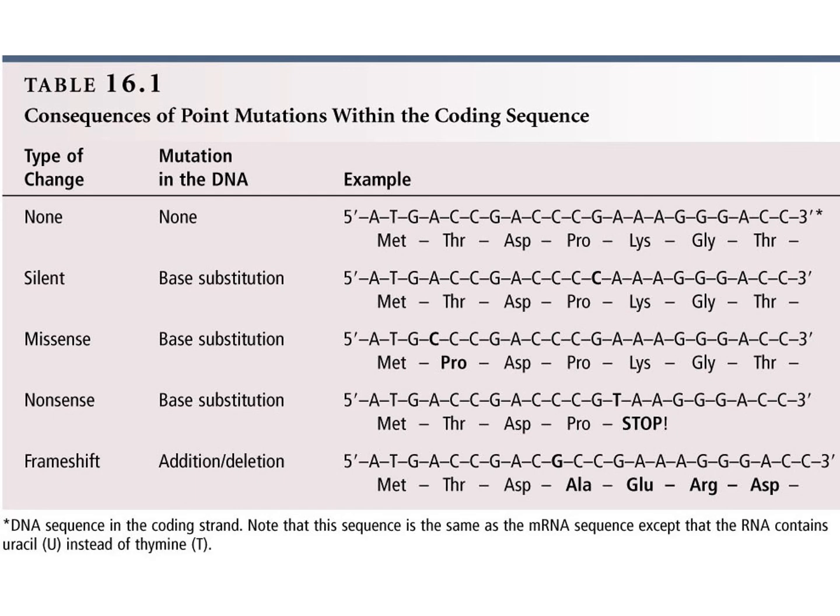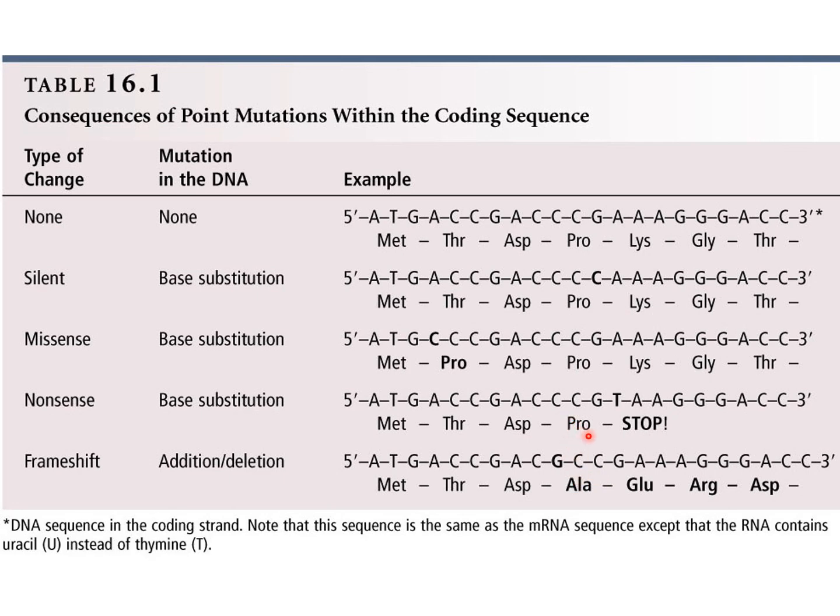A frameshift mutation brings either the addition or deletion of a nucleotide. For example, here you have an addition of G in between C and C. So GCC will change the amino acid.